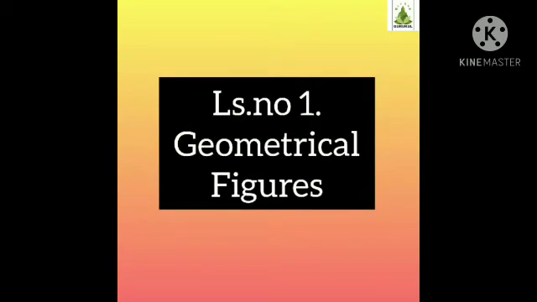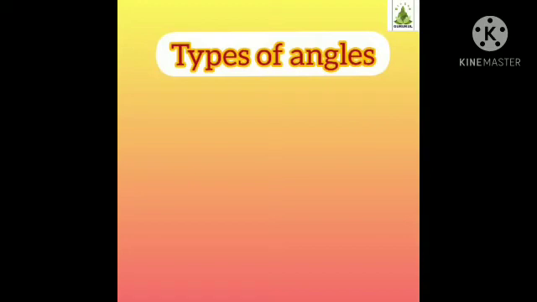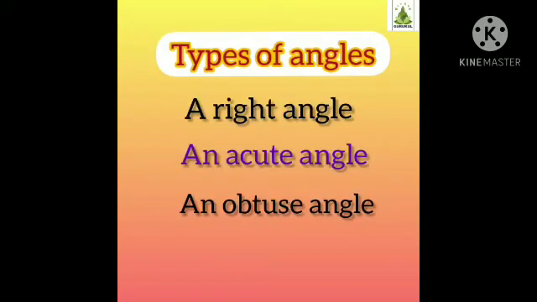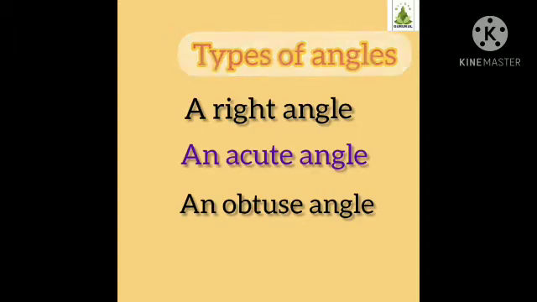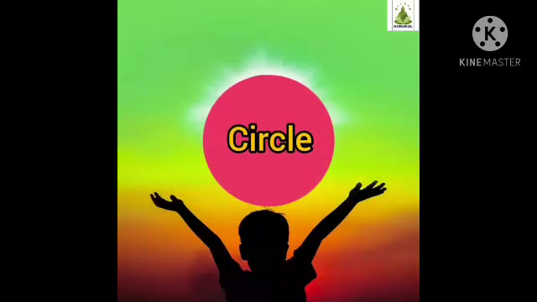From lesson number 1, that is geometrical figures, we have studied about angles and their types. There are 3 types of angles: a right angle, an acute angle, and an obtuse angle. Very good. Keep studying. So let's begin today with circle.